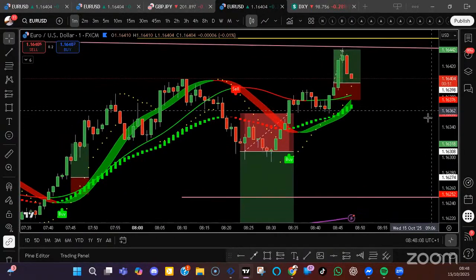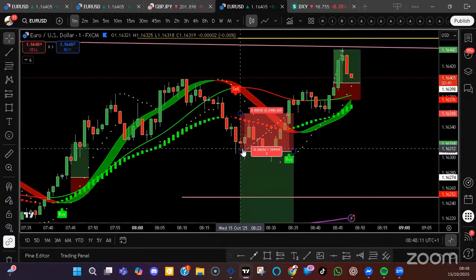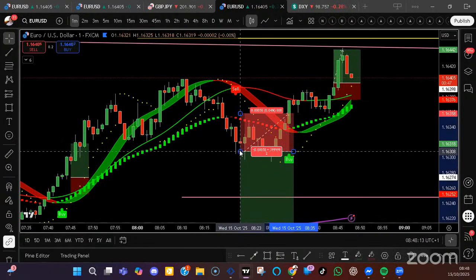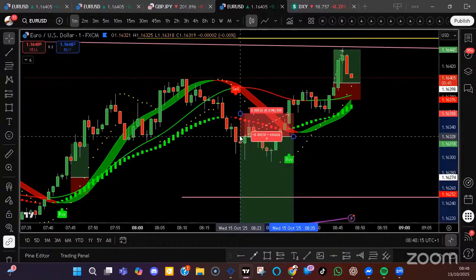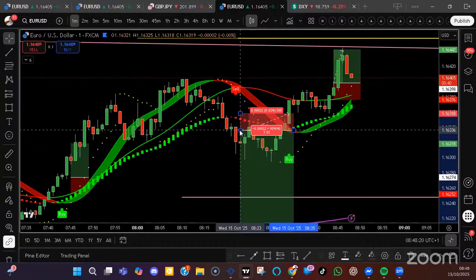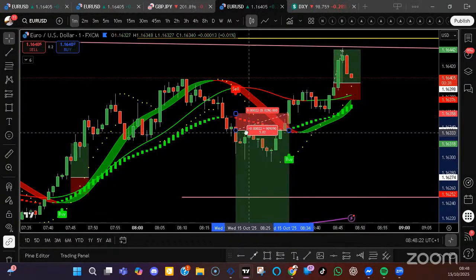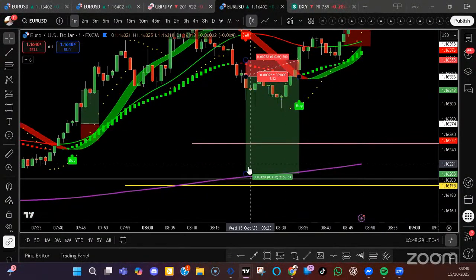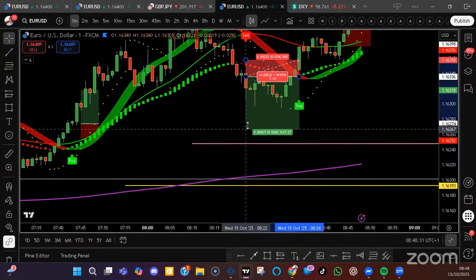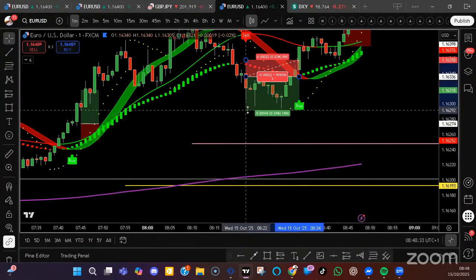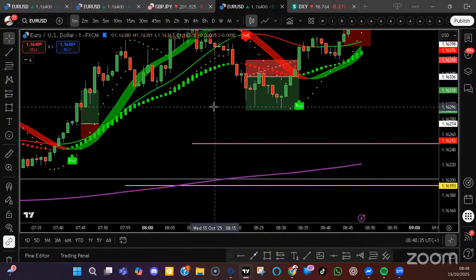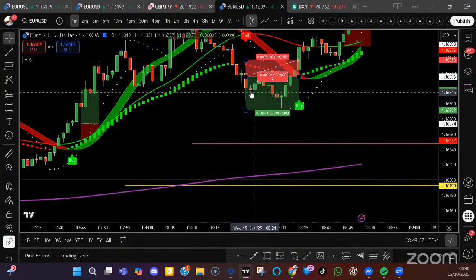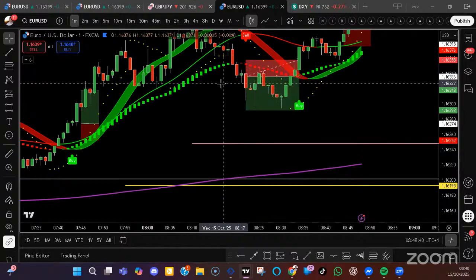And this one here, if I put it down to 22 and got in there, it would have been 2.2 pips away.